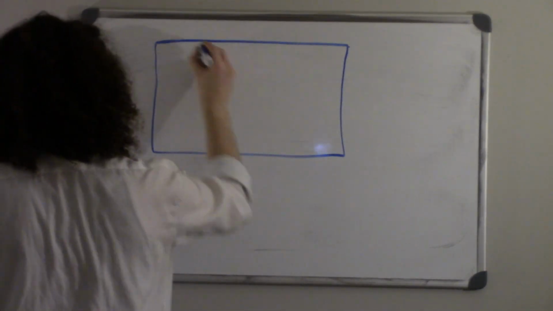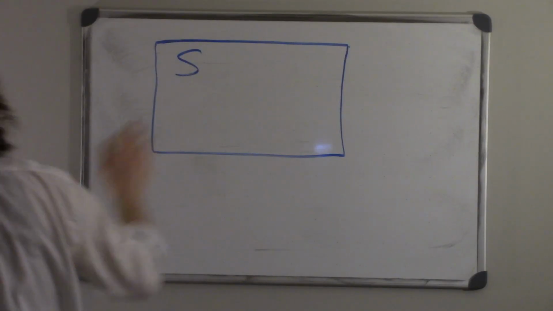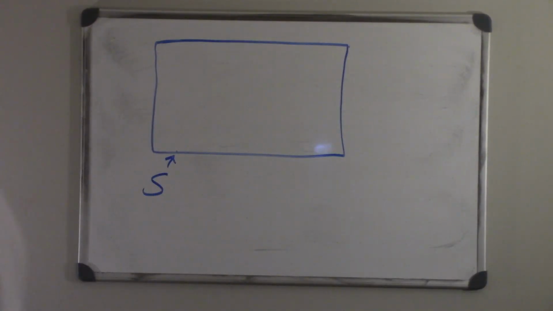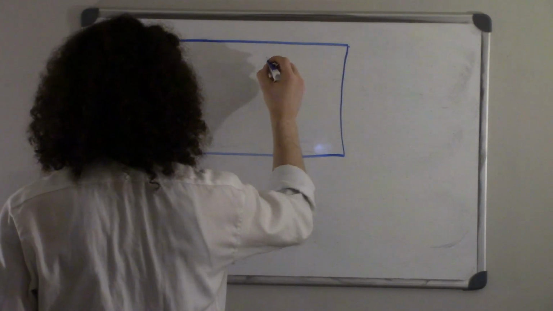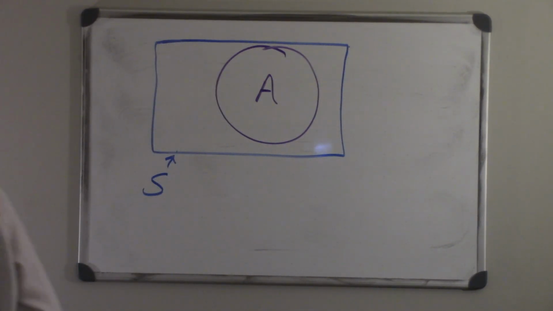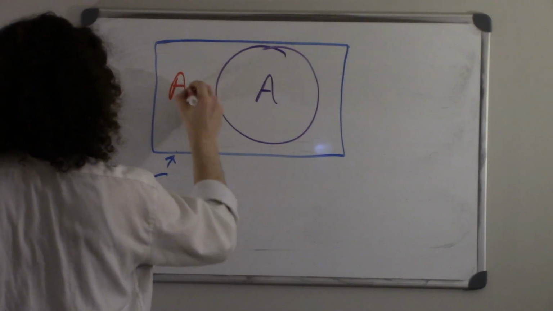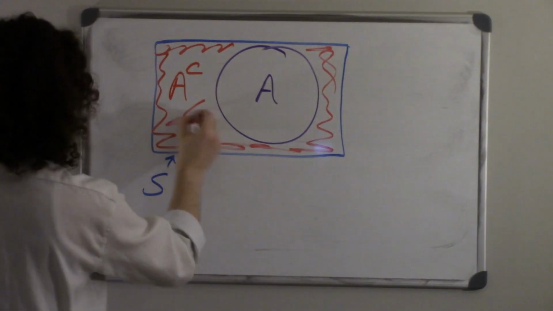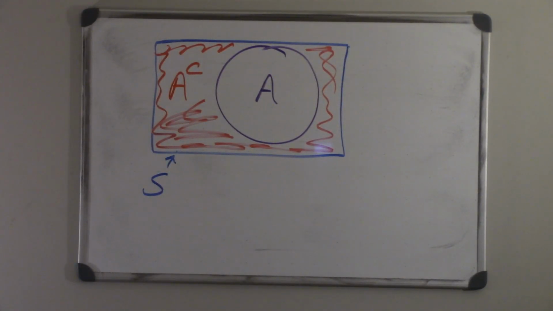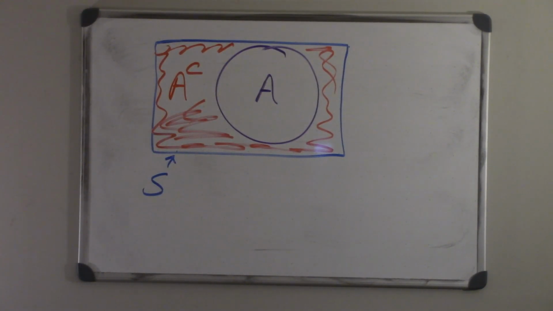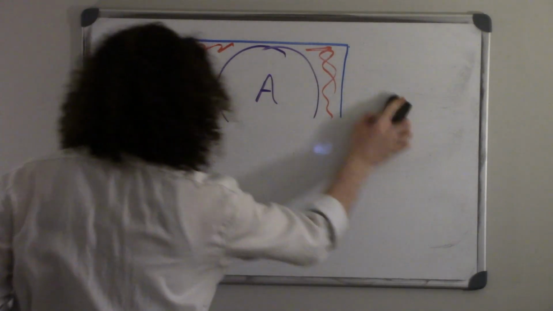Let's say this box is the sample space, and we'll say this circle represents A. Then the complement of A would just be everything else: everything within the blue rectangle, except for what's in the purple circle. That would be the complement of A.